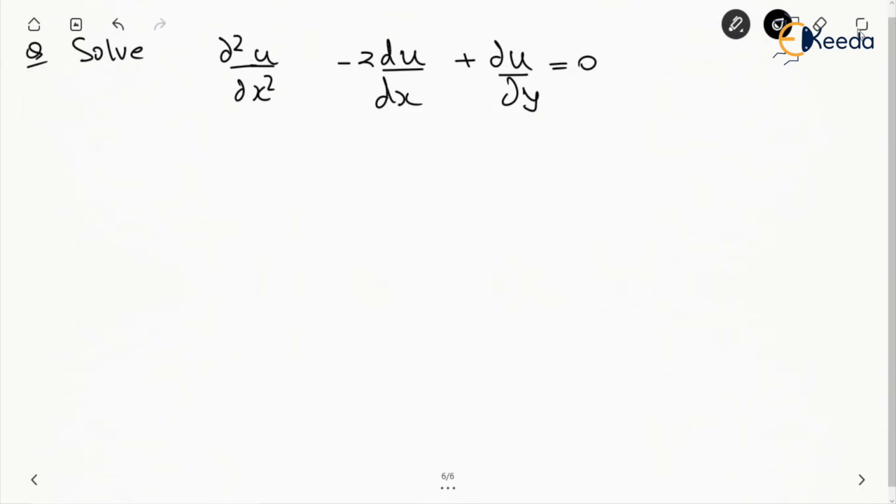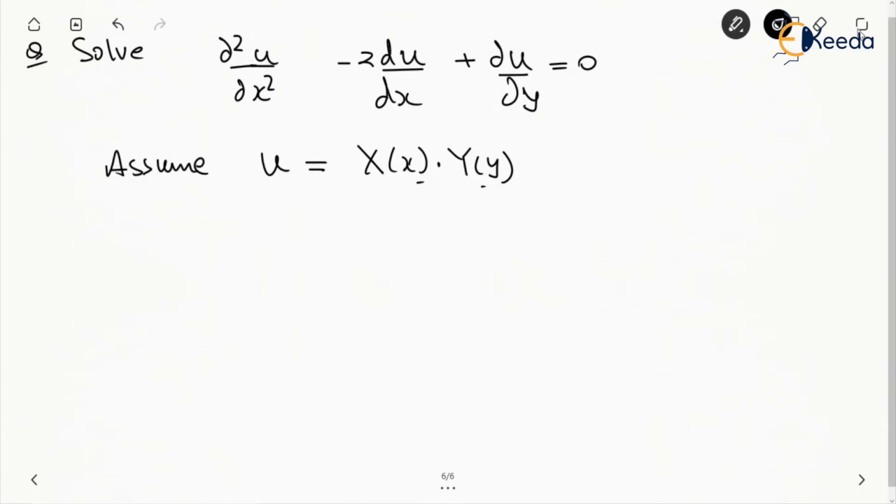Now we'll assume that this u is a function of x, product of the form X of x and Y of y. Of course, where X is the function of x only and Y is the function of y only, like we have already discussed.